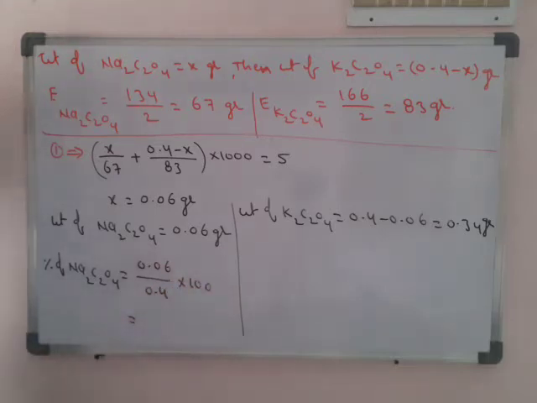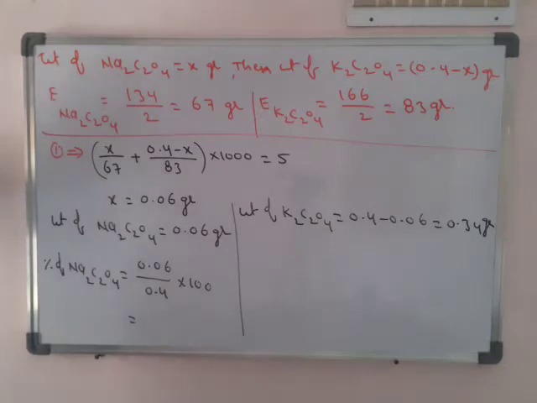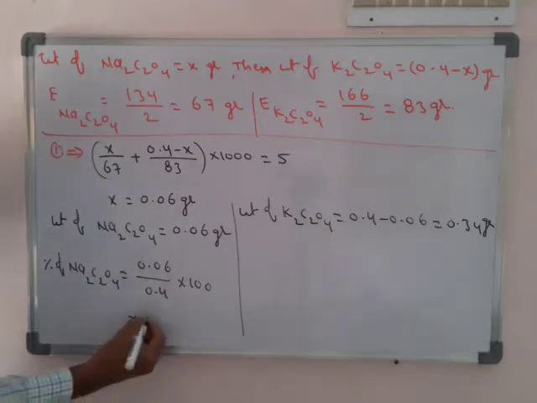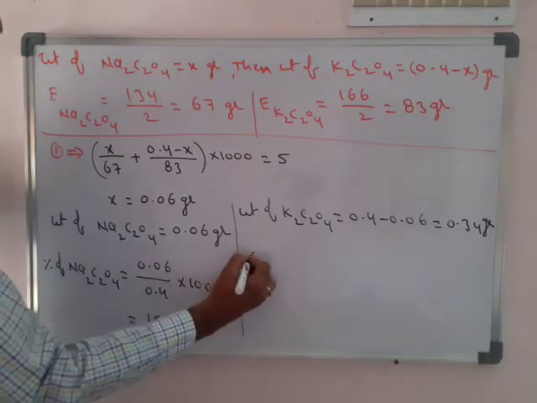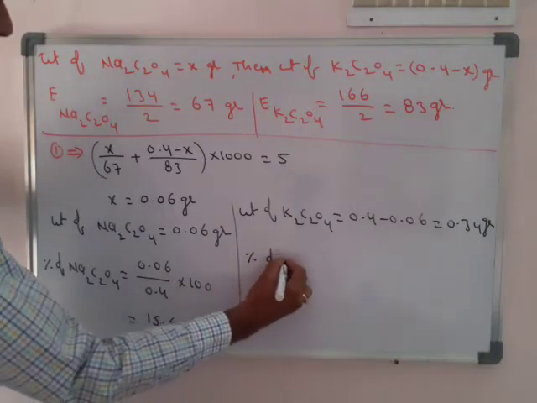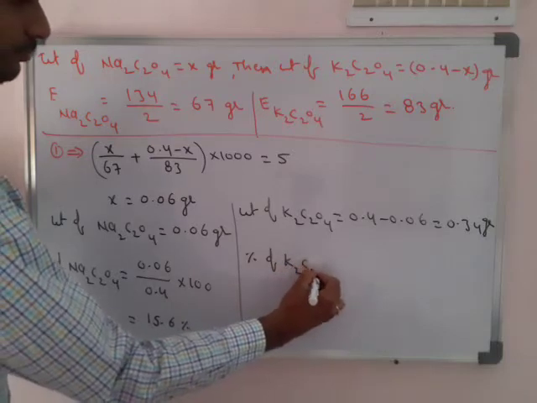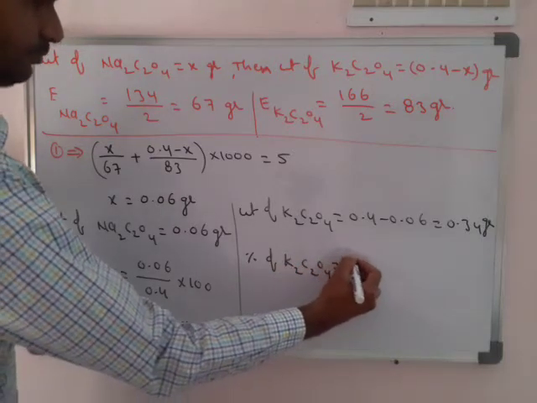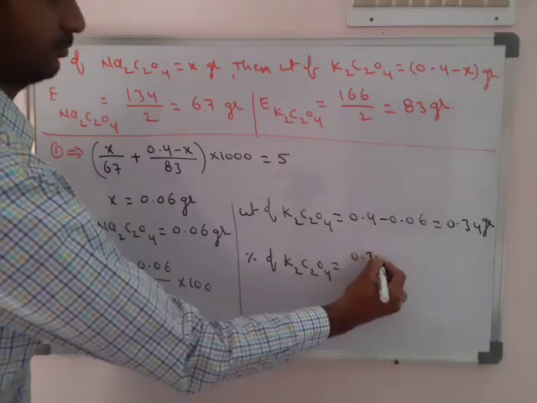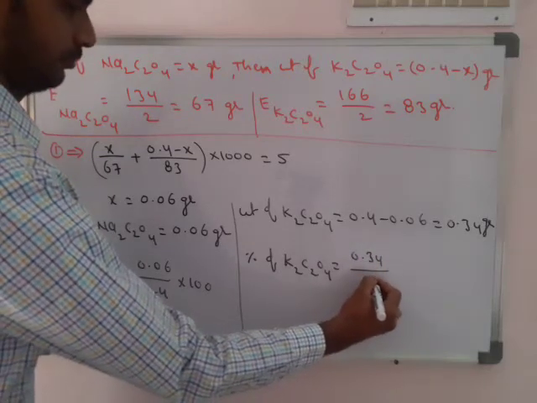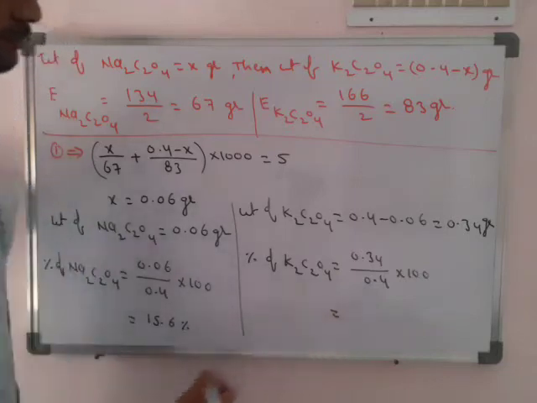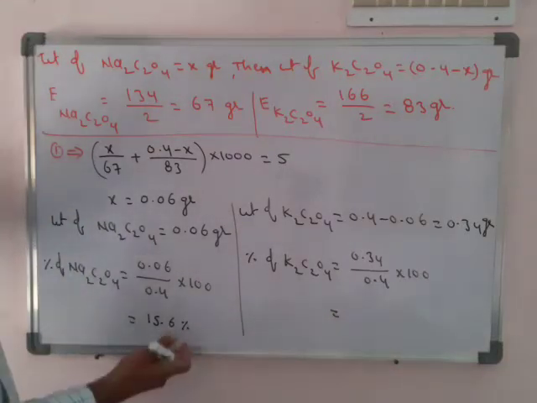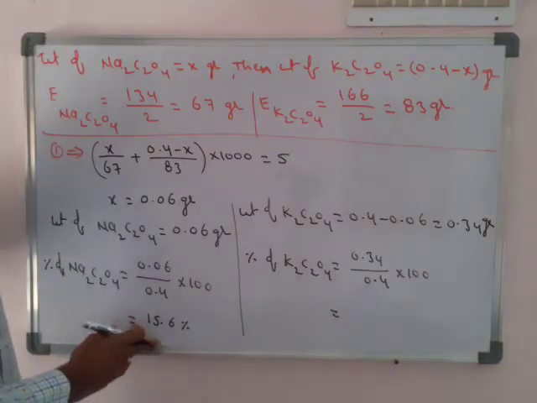So we'll get 15.6%. So in this calculation we can remove the 100 minus 15.6 also.